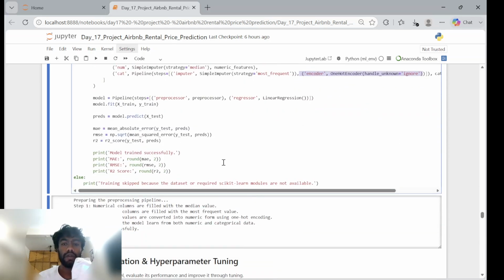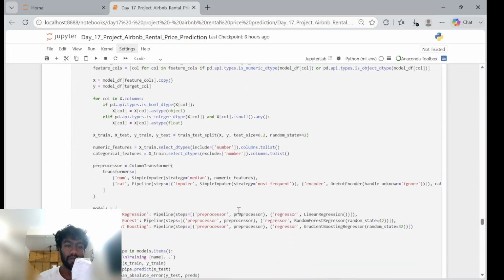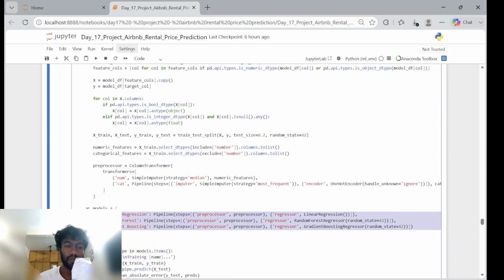That's one thing. So yeah, we train the data set and we check the values of mean absolute error, root mean square error, and R square. Similarly, we also want to compare it with other different types of models performance. So that's something that we do here.